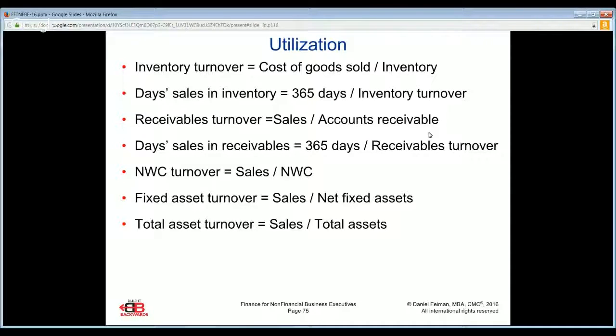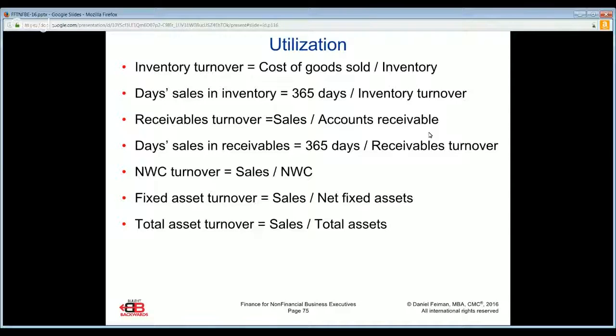Two other quick ways to look at how we're actually using our tools, our assets in our organization. Our fixed asset turnover takes our sales, the revenue we're creating, in proportion to our investment in net fixed assets.